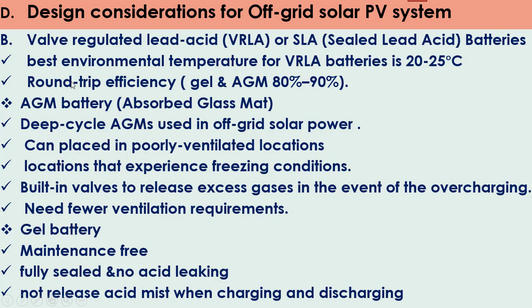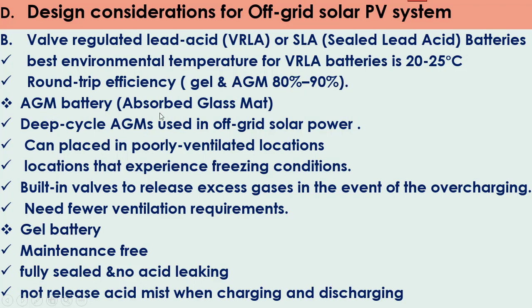This is the best environmental temperature for valve-regulated lead acid batteries. The temperature range for best operation is from 20 to 25 Celsius, and the round trip efficiency for gel and AGM is about 80% to 90%.